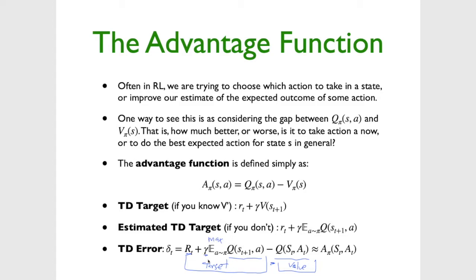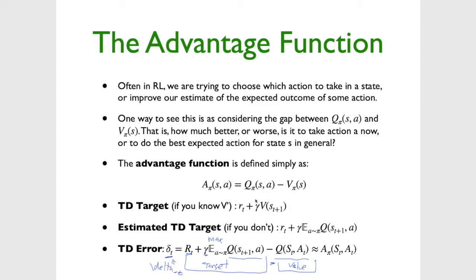There's different ways to do it. But now we're going to call this delta, just lowercase delta if you're doing it in LaTeX, which gives us this difference between the target and the value, which tells us how much this action was better or worse than what we expected, right?